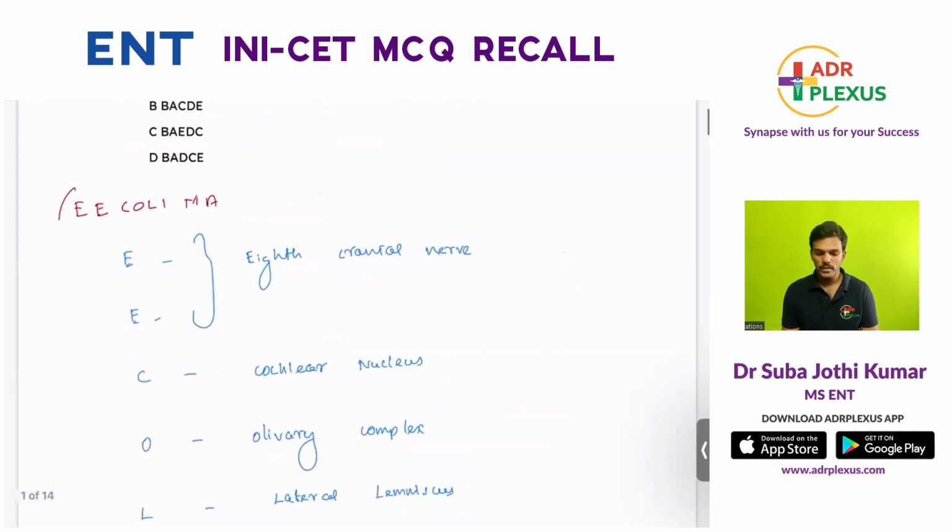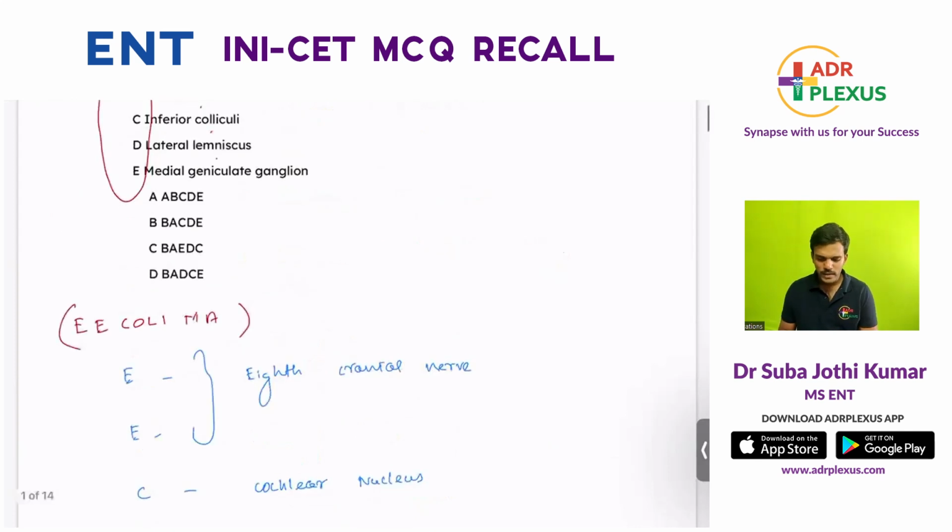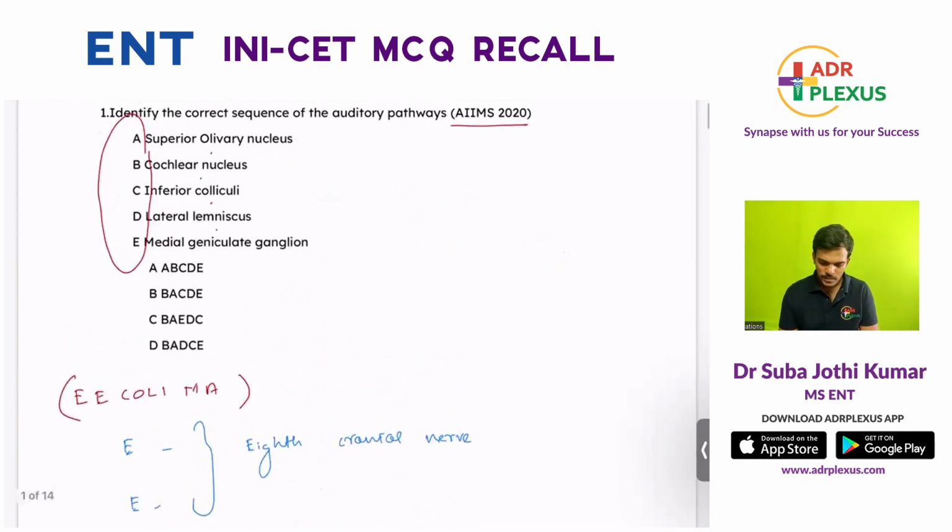This is how sound that reaches the inner ear will get traveled to the cortex of the brain. Now the sequence here, the first one is cochlear nucleus, then superior olivary nucleus, then lateral lemniscus, then inferior colliculi, then medial geniculate ganglion.